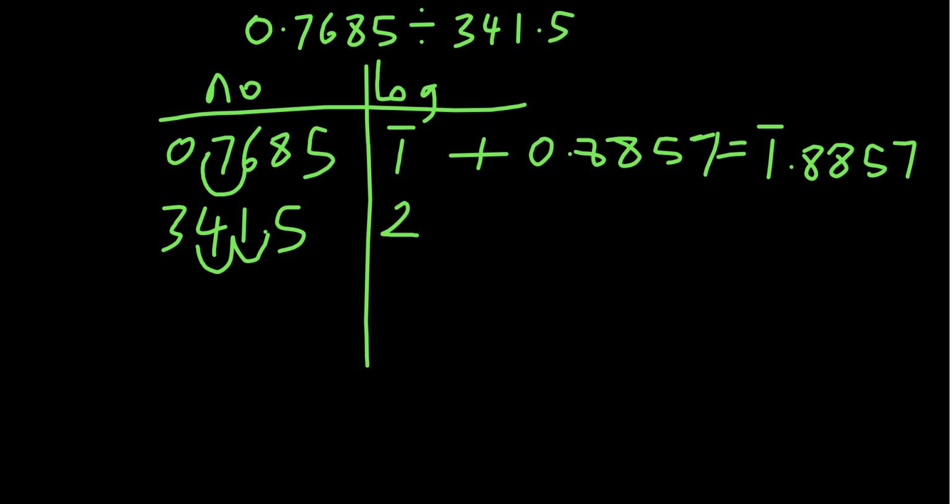But if it has the decimal point with some integers before it, it's going to give you a positive characteristic value. So you add this to the mantissa value. You look for log 34 under 1 difference 5, and you're going to get 0.5334. If you add the characteristic and the mantissa value together, it is going to give you 2.5334.